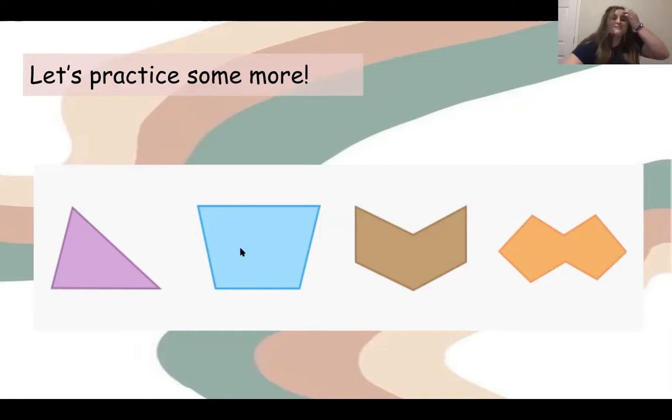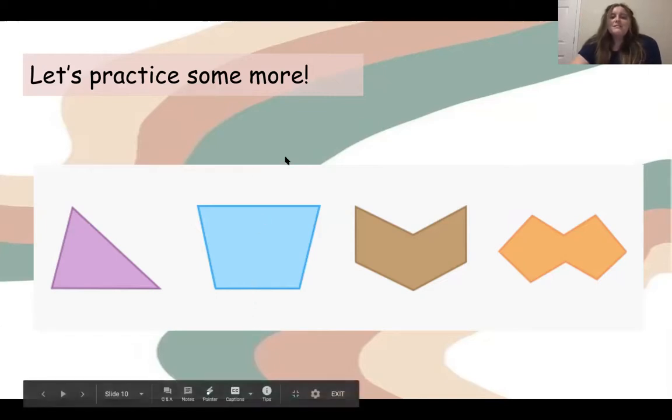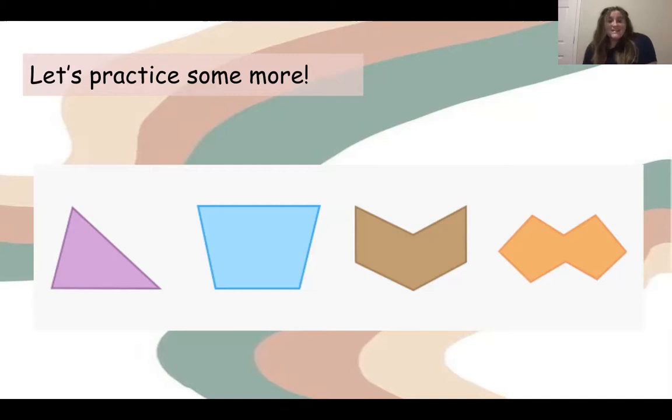No, it's not. You are correct. But let's try it up and down now. Let's take our handy dandy magic marker or imaginary marker, and we're gonna go up and down. Is this creating congruent sides? That is correct, Alyssa. It is.